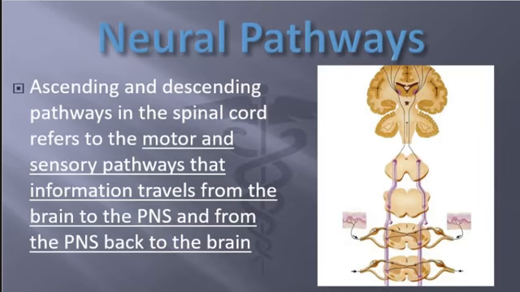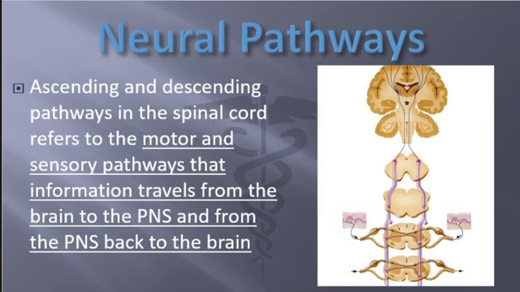Our neural pathways, these are your next 2 blocks, right? We have ascending and descending pathways in the spinal cord, and you have the sentence to finish right here. It refers to motor and sensory pathways where information travels from the brain to the PNS and back.